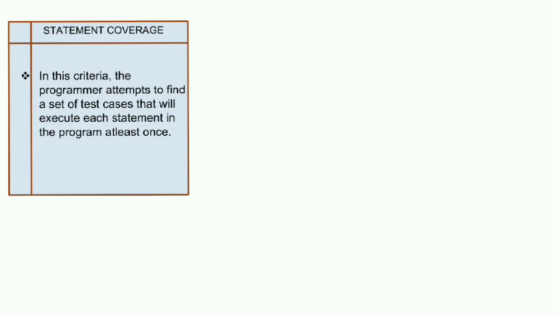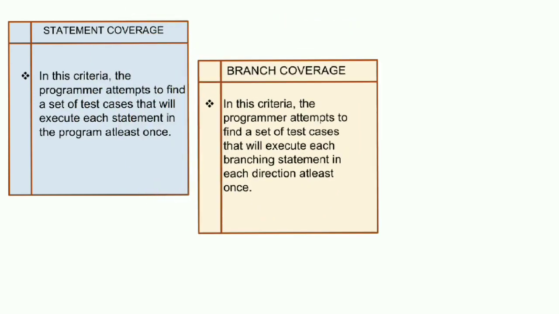In this criteria, the programmer attempts to find a set of test cases that will execute each statement in the program at least once. The second one, branch coverage. In this criteria, the programmer attempts to find a set of test cases that will execute each branching statement in each direction at least once.